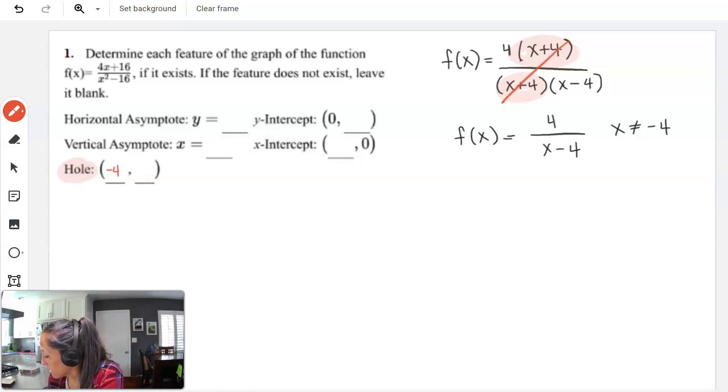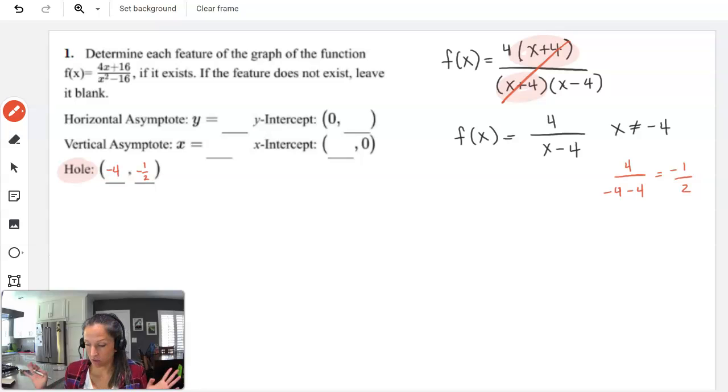So if I plug that in, we'll get 4 all over negative 4 minus 4, which is 4 over negative 8, or negative 1/2. So there is my hole. Plug your value into the simplified version of your rational expression or function to find the y value of the hole.